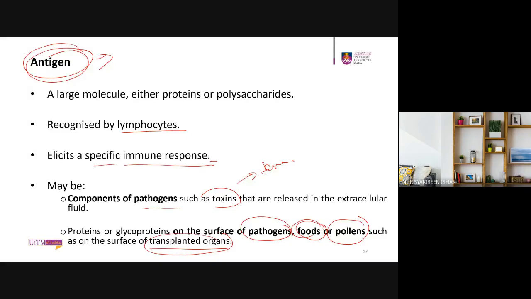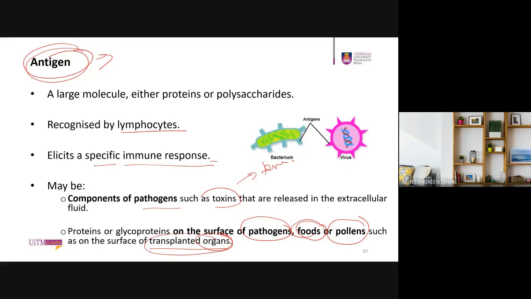Okay, transplanted organ ada chance to be rejected juga. Sebab apa? Sebab obviously every cell akan ada antigen. Okay, so with the entrance of the antigen into your body, it will trigger your immune response, to fight against that molecule that enters into your body.